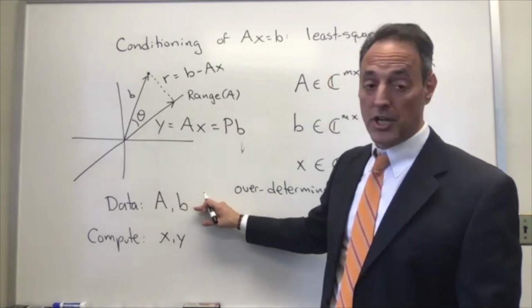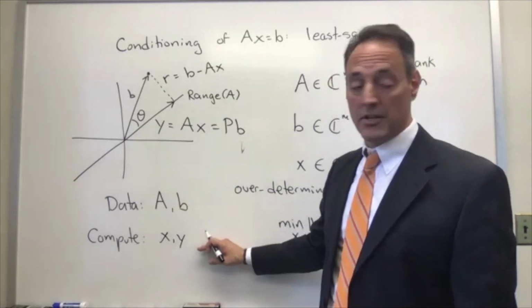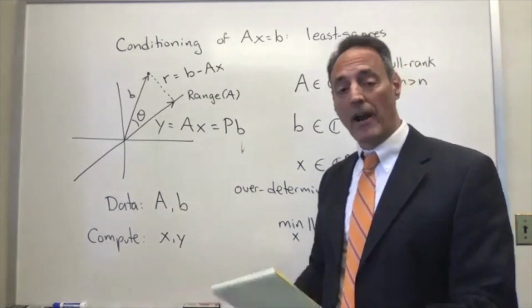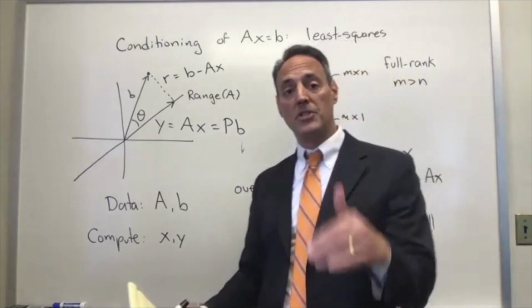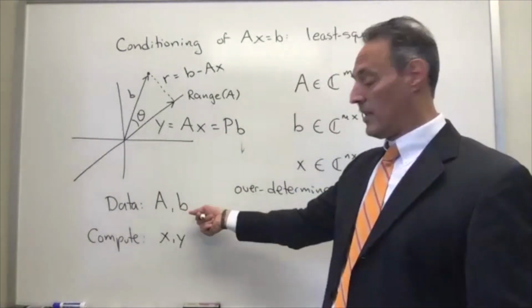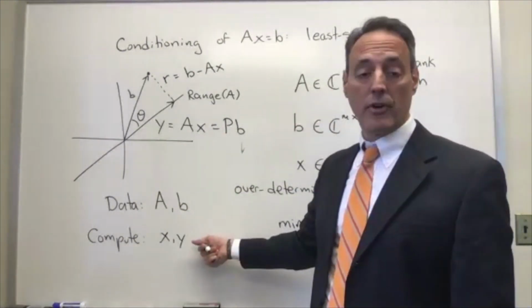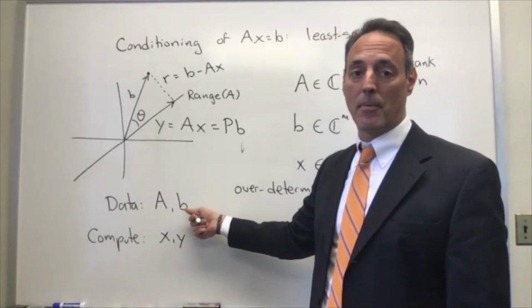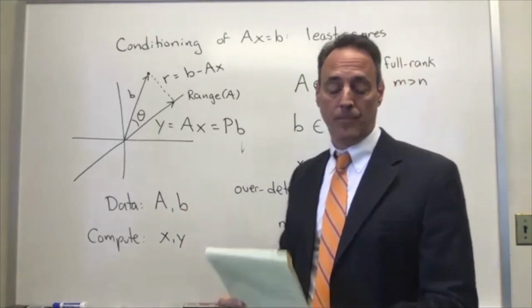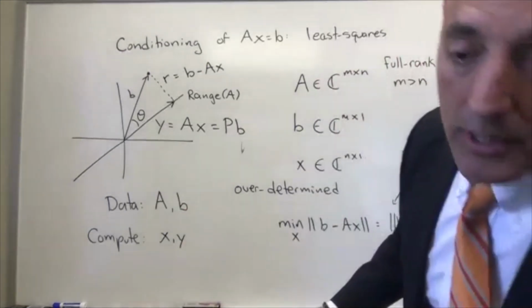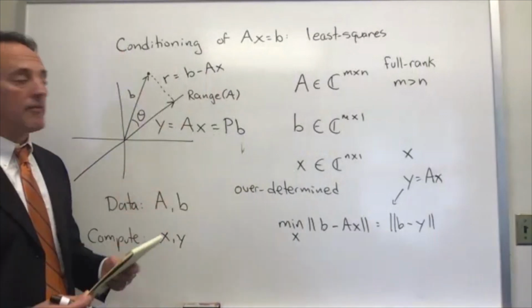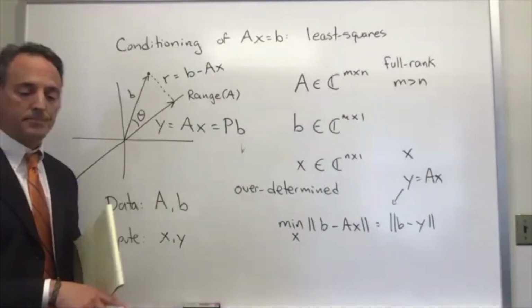If I make small changes here and big changes happen in the solution, it's ill conditioned. And it's very important you know when your problem is ill conditioned, because you're going to get wildly different answers for the smallest changes here. And those are exactly the kind of problems you want to avoid. Computationally, in other words, you can't necessarily trust the answer of an ill-conditioned problem.